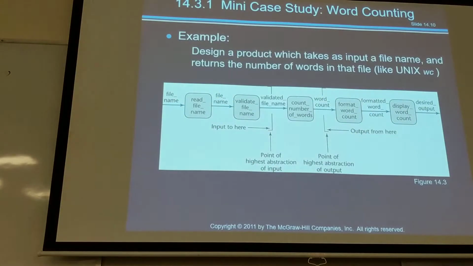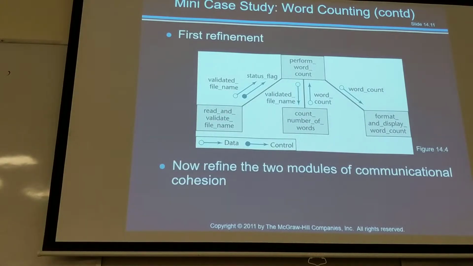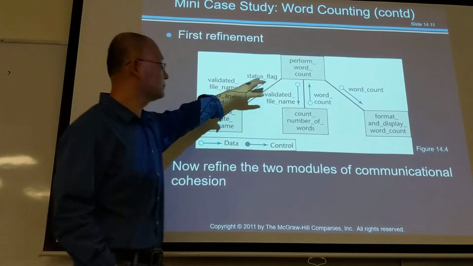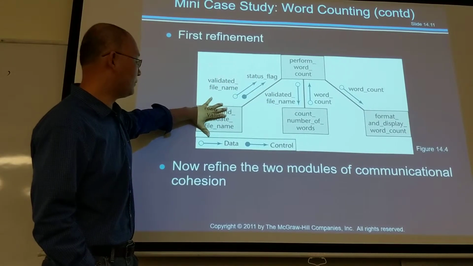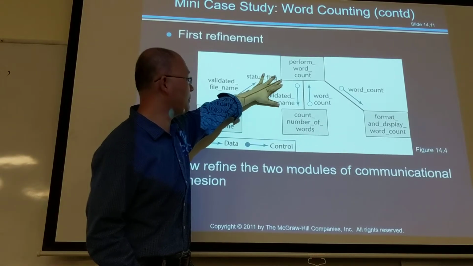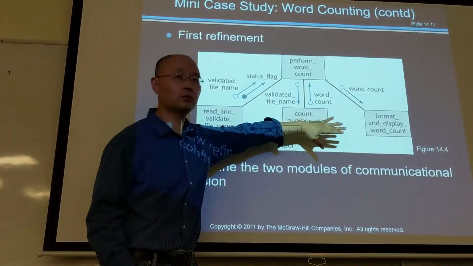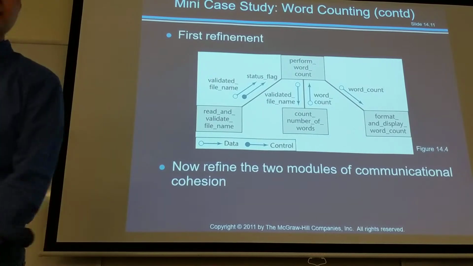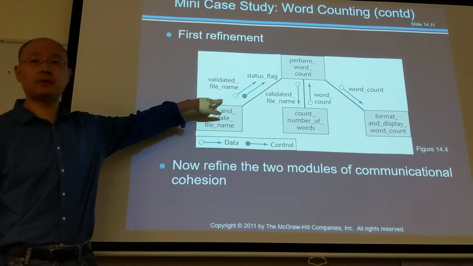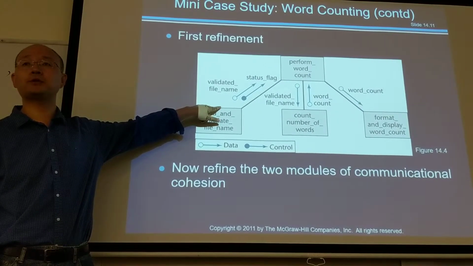Repeat this until, so essentially you partition this into something like this. Okay? This is your whole system. Right? This guy, your main program, has 3 modules. And also, you are assigning job responsibilities to the modules.